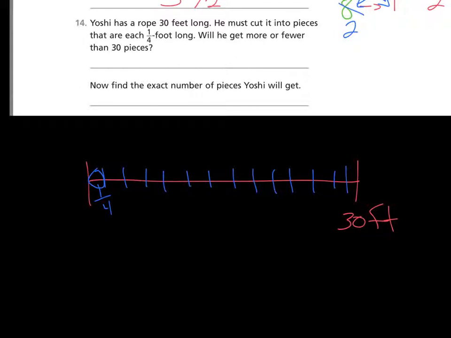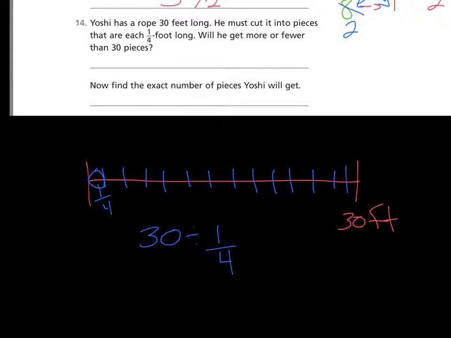I'm going to take my 30 feet of rope and divide it into pieces that are only a quarter of a foot. How many quarter foot pieces do you think I will get? You don't even have to predict the answer. You just have to tell me, will I end up with more pieces than 30?